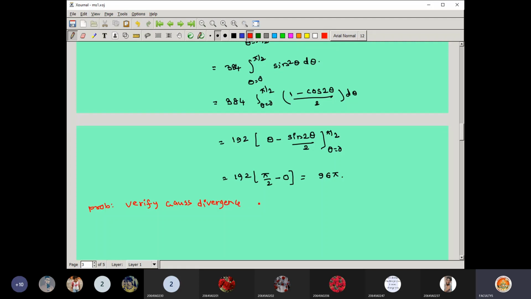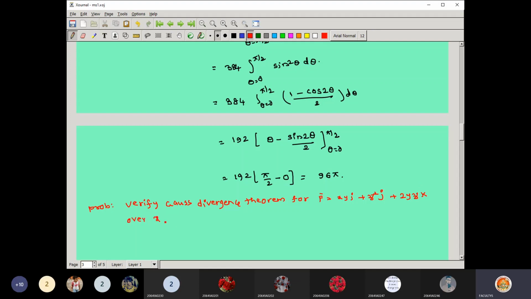Verify Gauss divergence theorem for f bar. They have given a vector xy i plus z square j plus 2yz k.